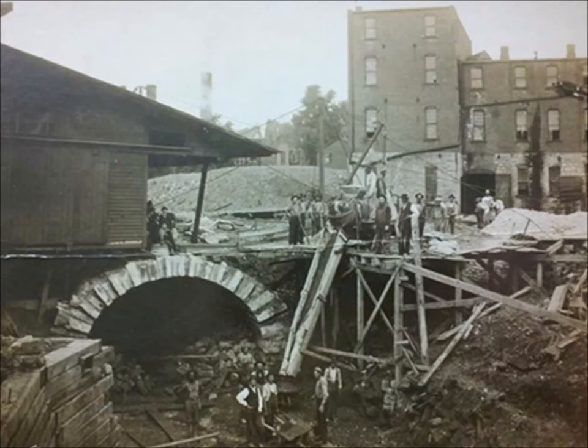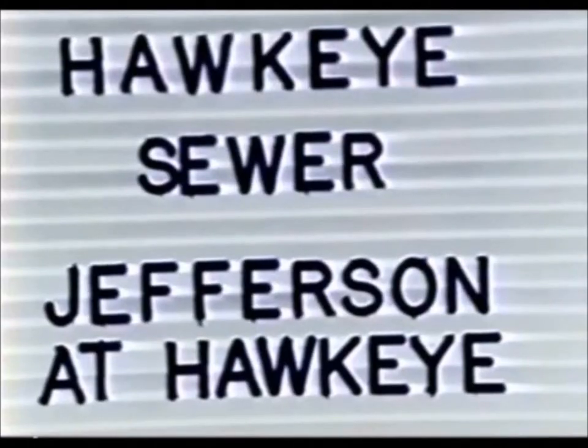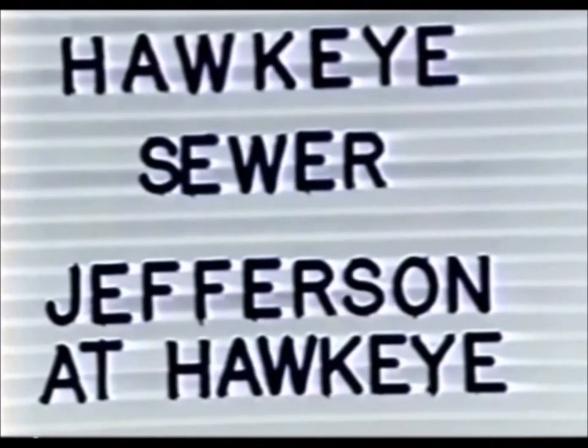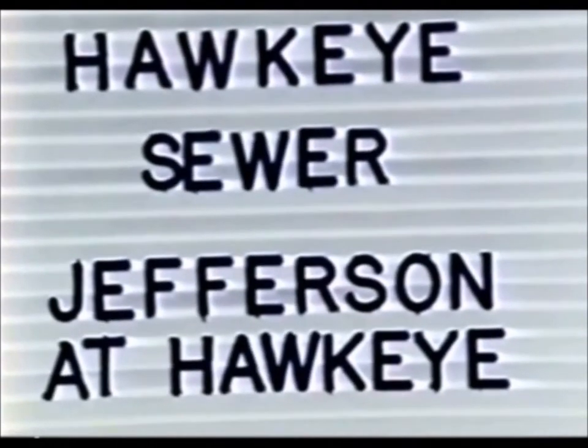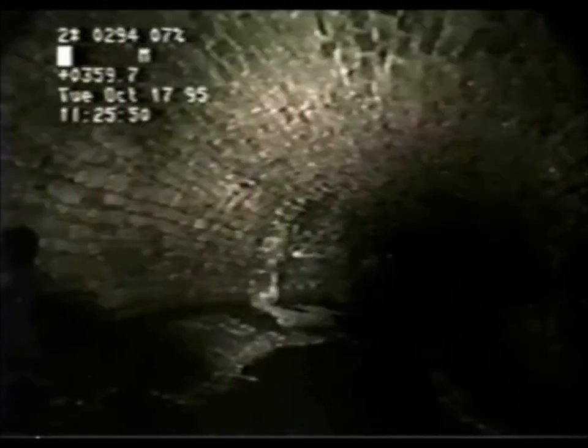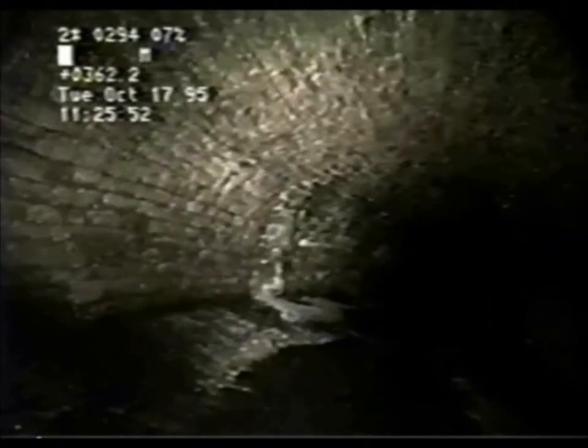This 1880s photograph shows the construction of the Hawkeye Creek sewer at Jefferson and Hawkeye Streets, looking upstream. Today, all of Hawkeye Creek flows underground in the downtown area. In 1995, the city of Burlington filmed portions of the sewer system in preparation for separating the storm waters from sewage.